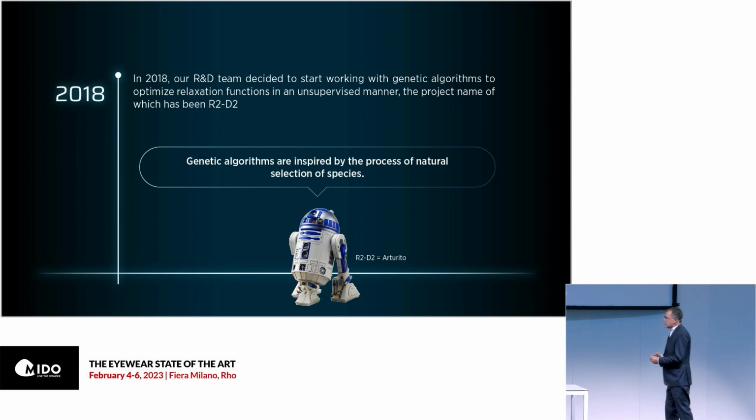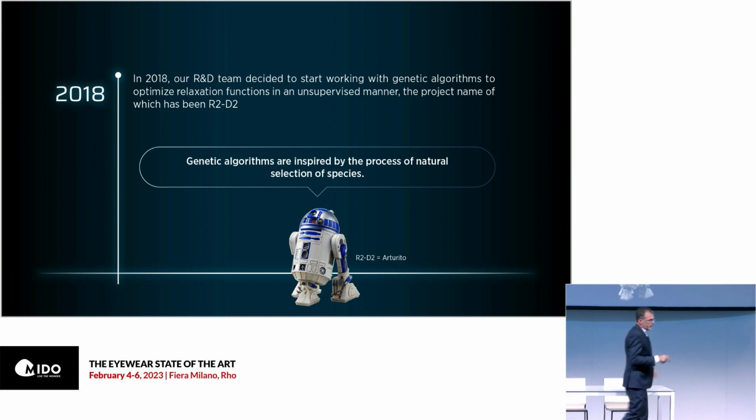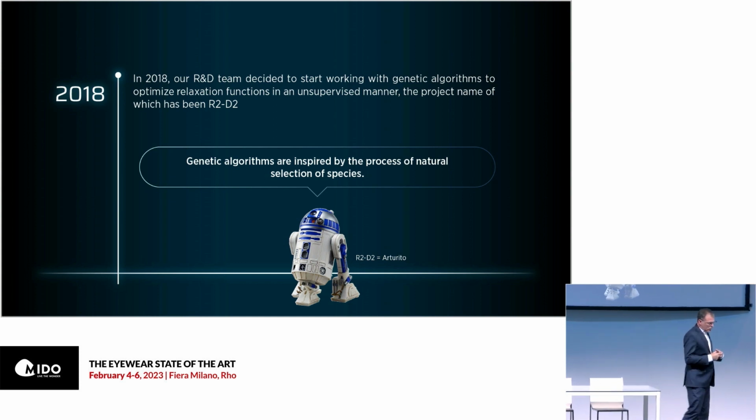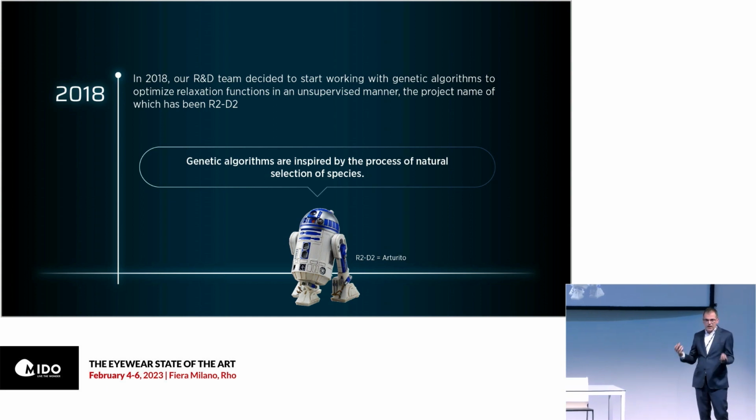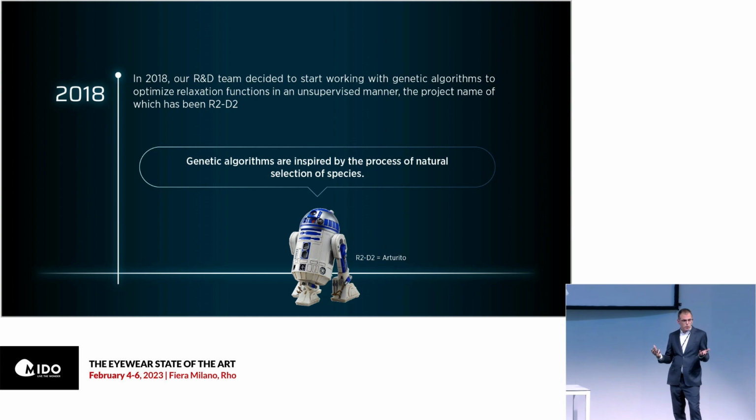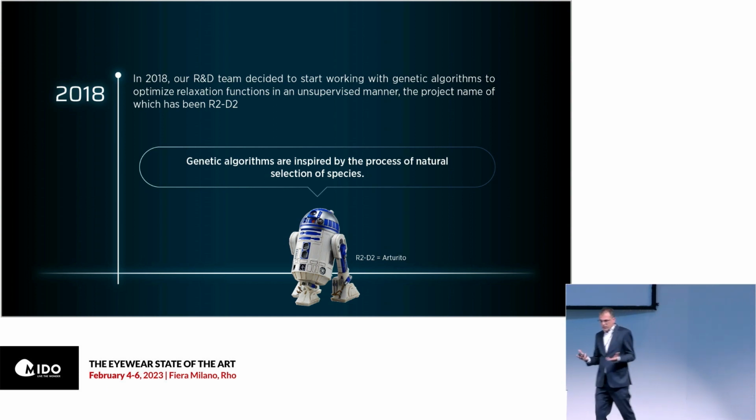So in 2018, we started to work on this project. The name was R2-D2 because it's the robot of Star Wars. The idea was to create an algorithm to create the functions alpha and beta in an unsupervised way, so that no human being is involved in the process.